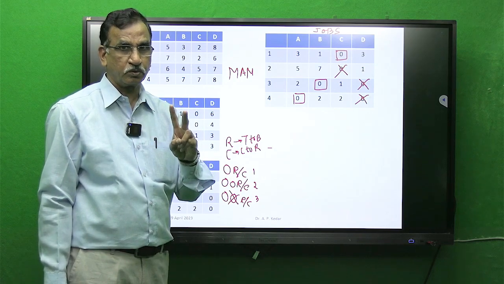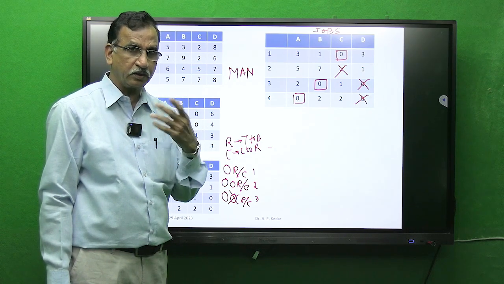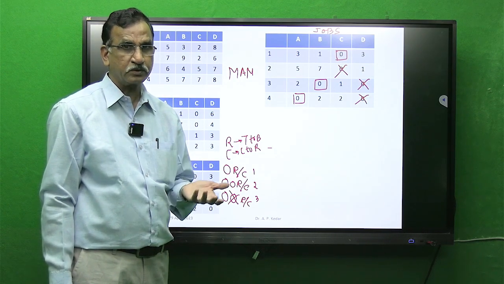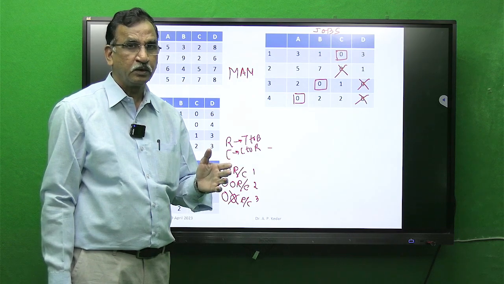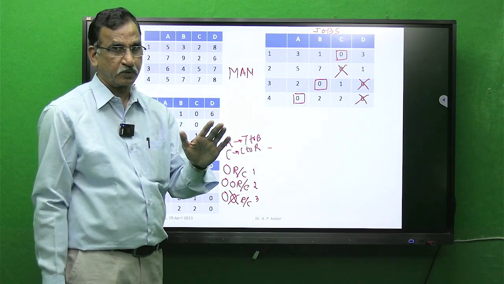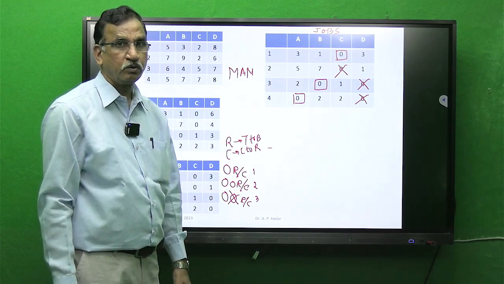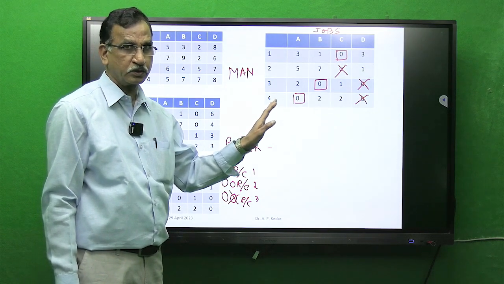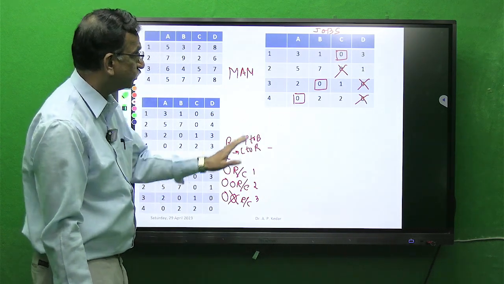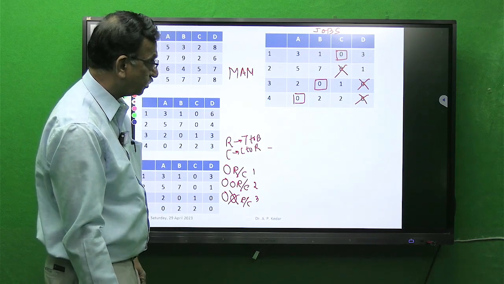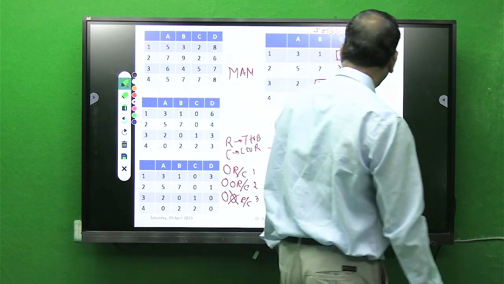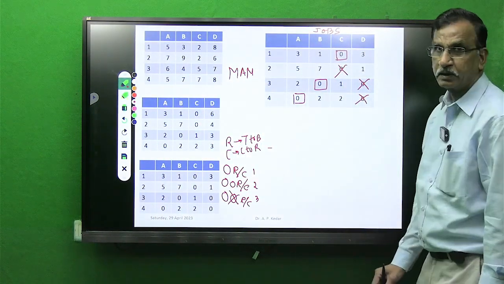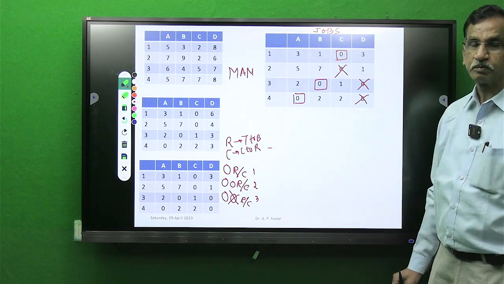So we got zeros either assigned or cut. There is no zero which is not assigned. So once you do this step, now we have to apply the logic of step number 5.